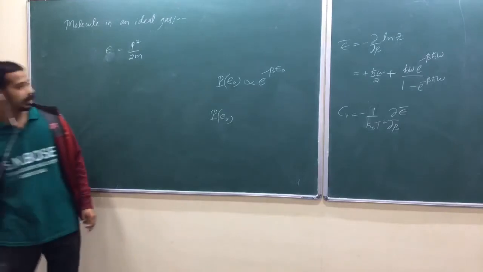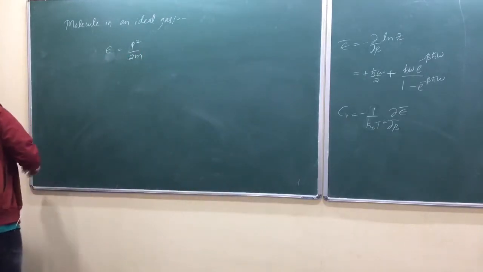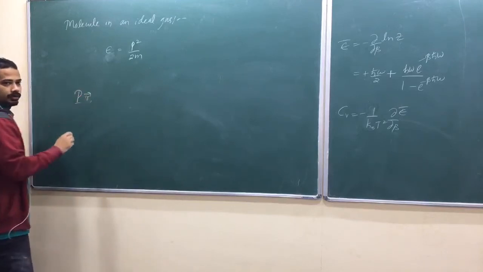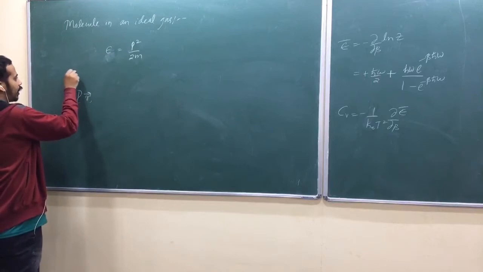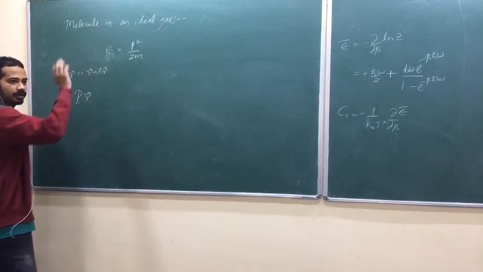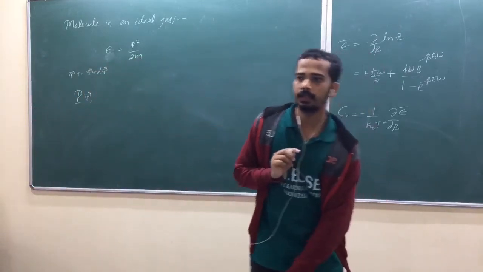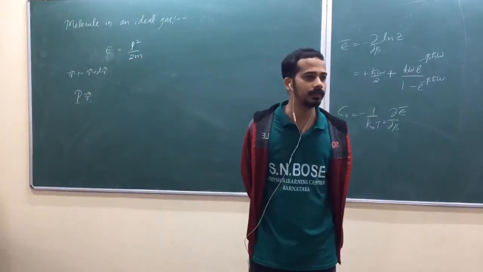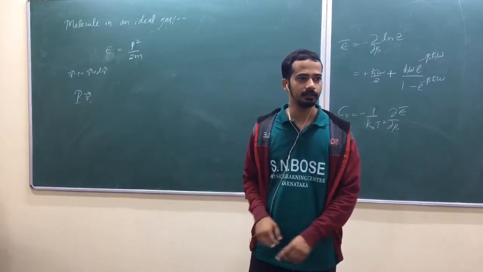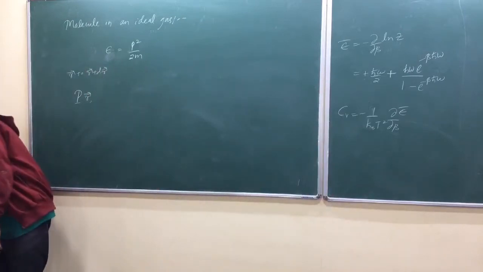So now we need to talk like this. Probability of finding the particle whose position ranges from r to r plus dr. In quantum mechanics we have done it like that: mod psi square dx is the probability of finding the particle in the region x to x plus dx, isn't it? Similarly, it is in 3 dimensions, okay? Let me state that.